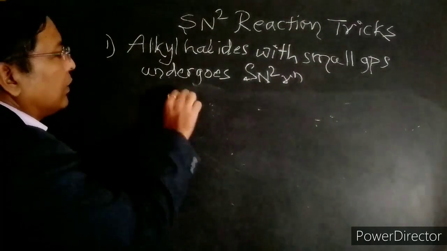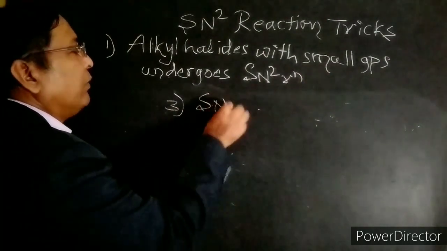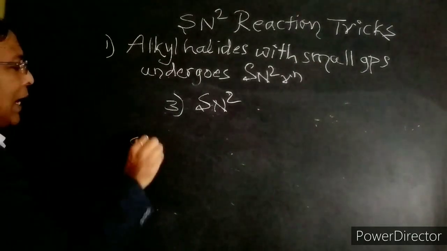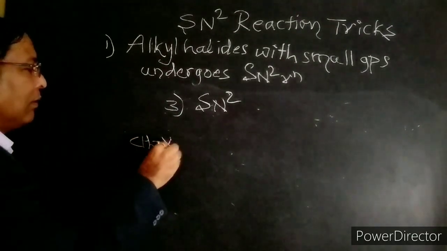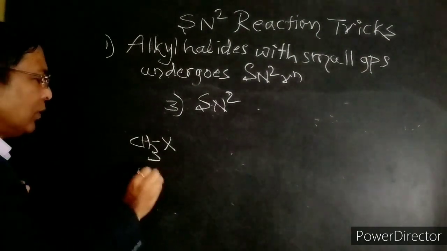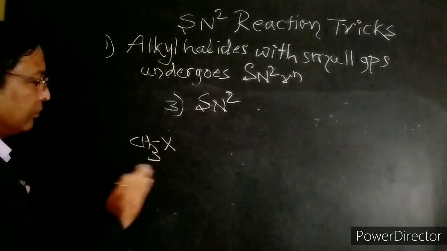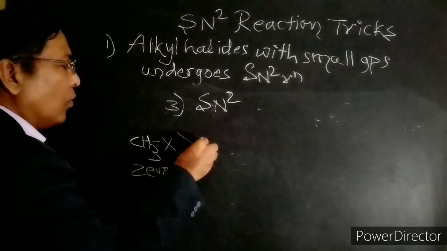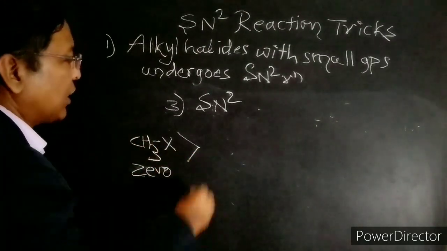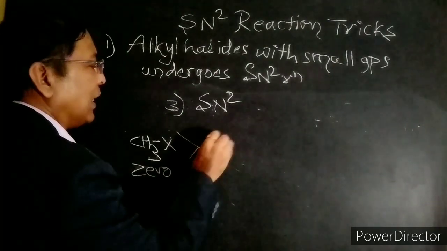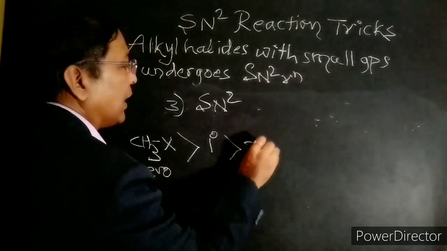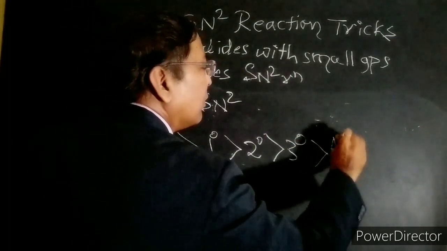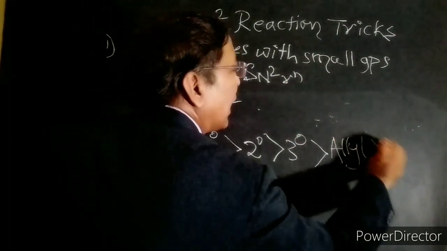Now we will see the SN2 reactivity order. The 0 degree halides like methyl halide undergo SN2 reaction very rapidly, that means immediately, then primary halides, then secondary halides, then tertiary halides, then allyl, then benzyl.